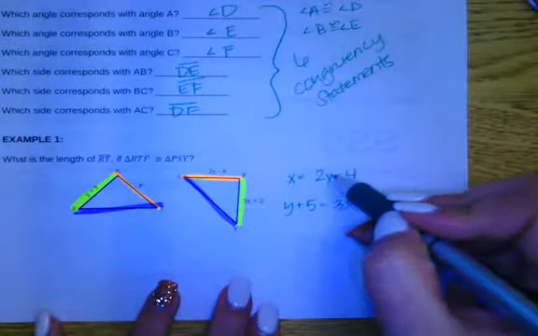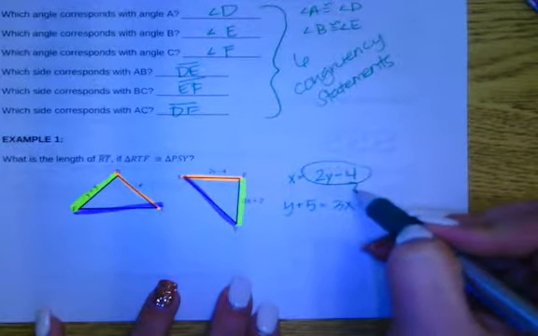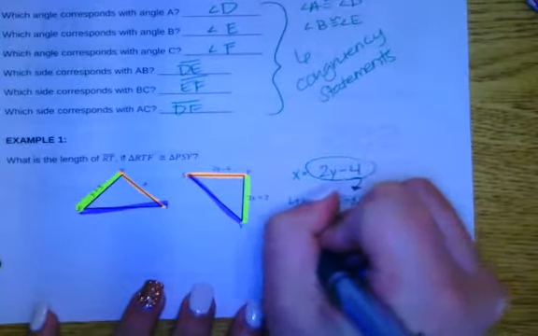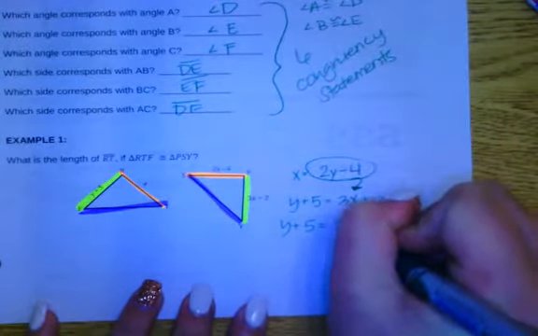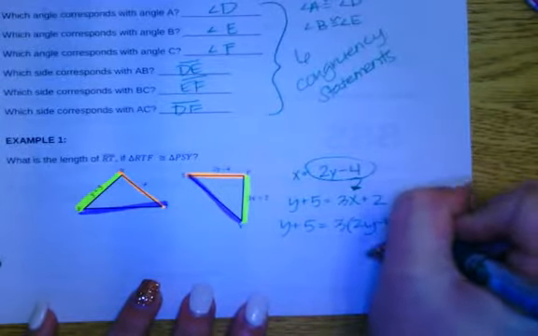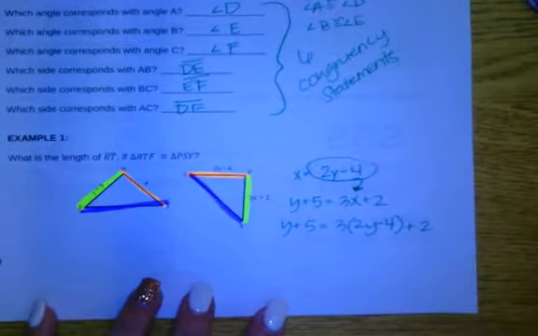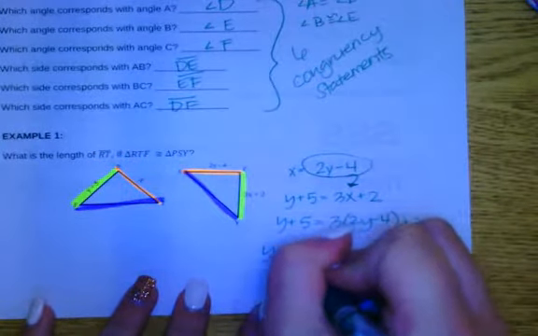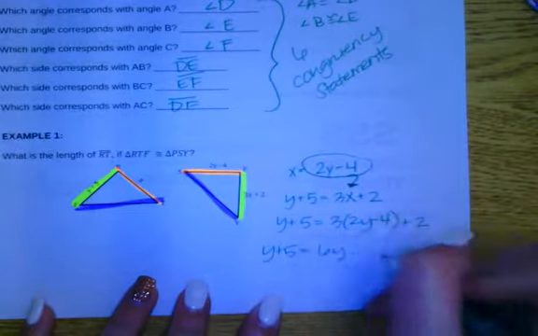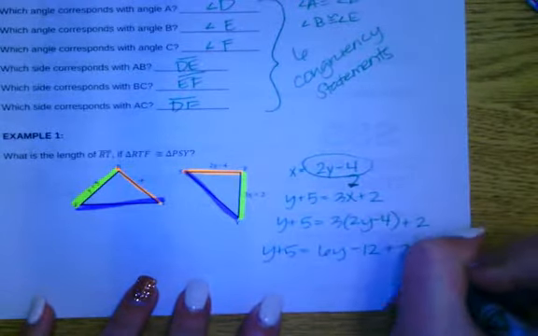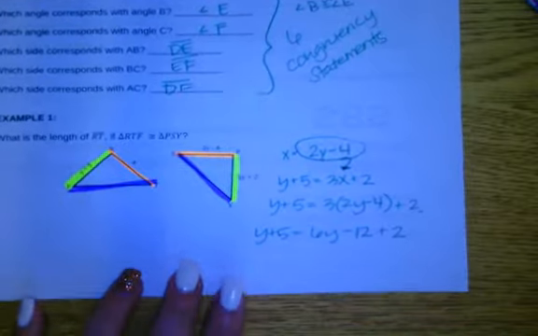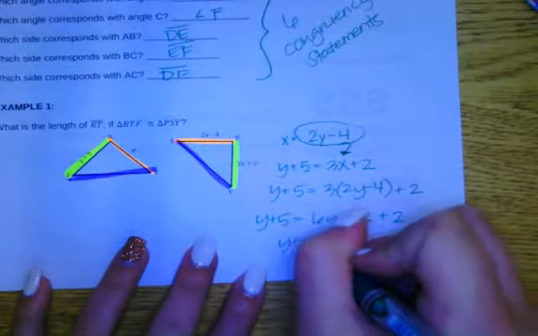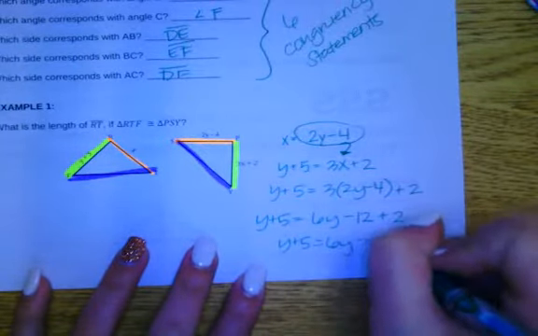Okay, so everywhere I see an x, I'm going to substitute in 2y minus 4. So I have y plus 5 equals 3 times (2y minus 4) plus 2. Y plus 5 equals 6y minus 12 plus 2. Y plus 5 equals 6y minus 10.